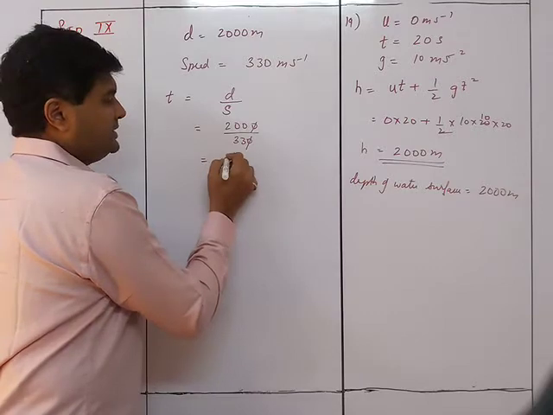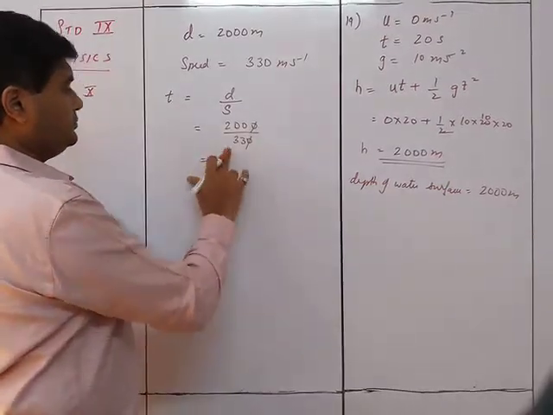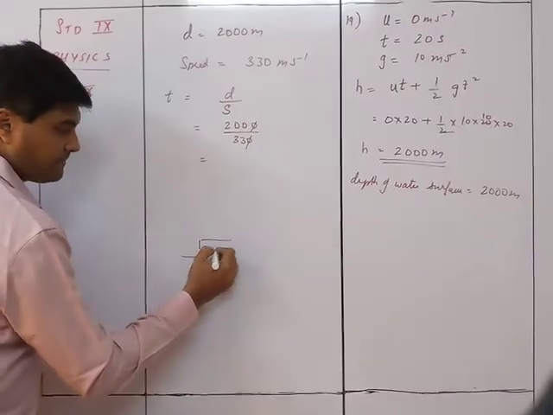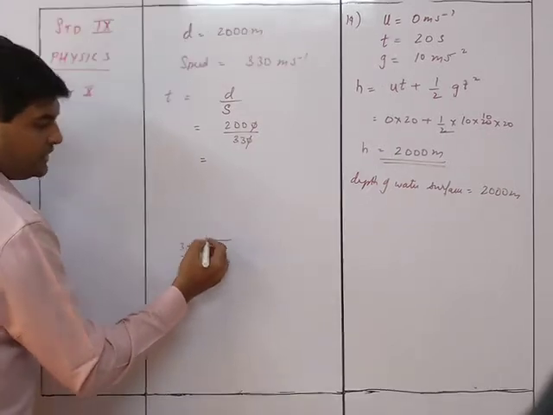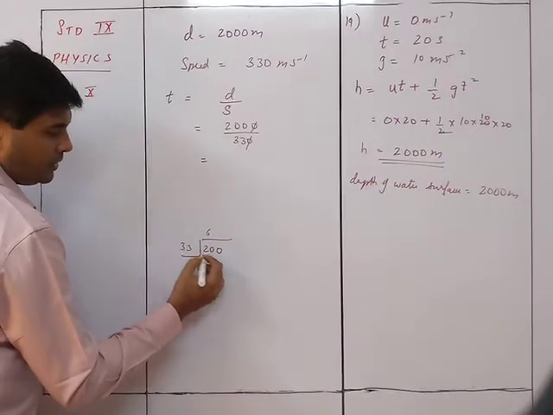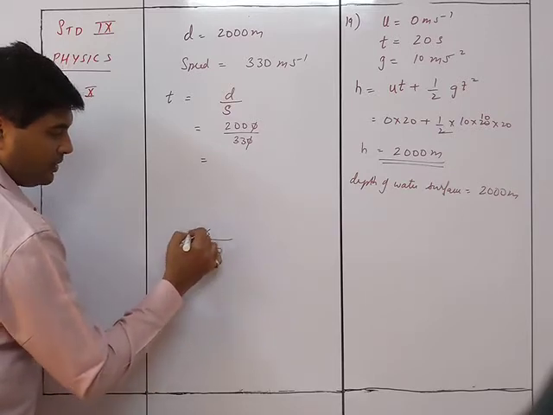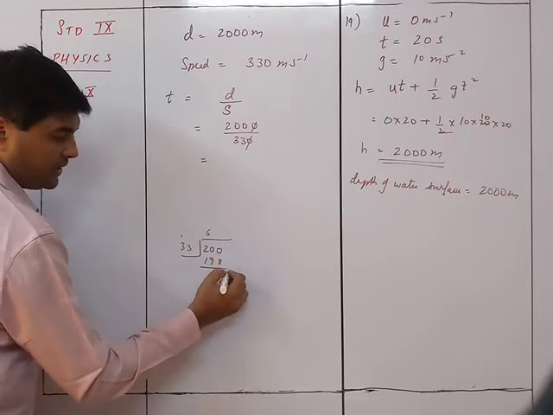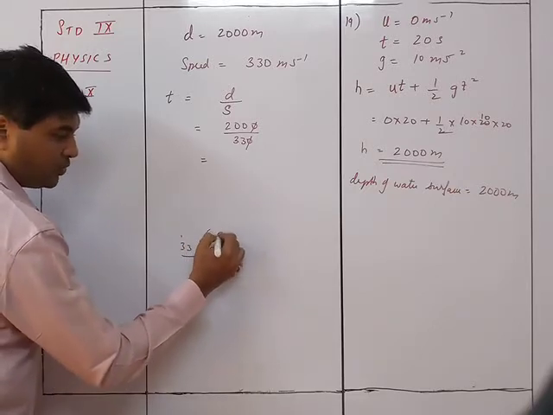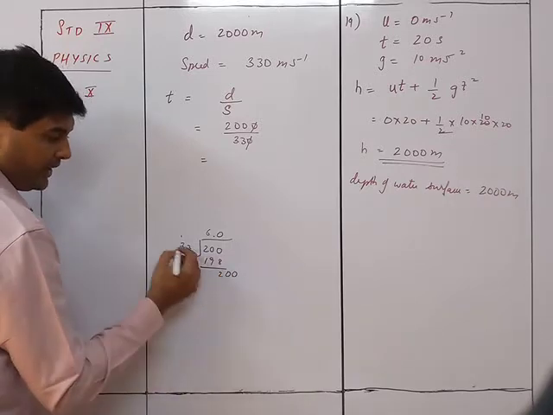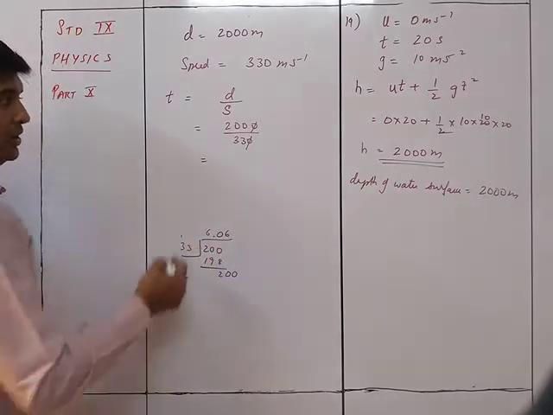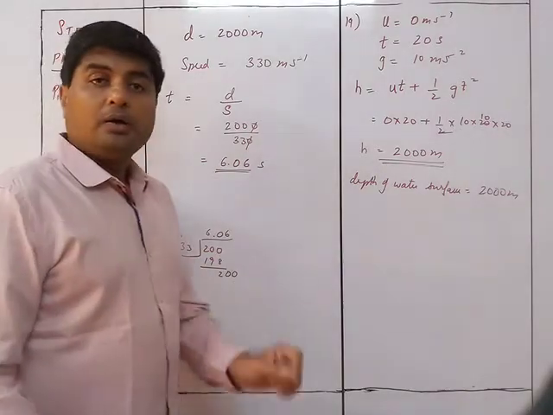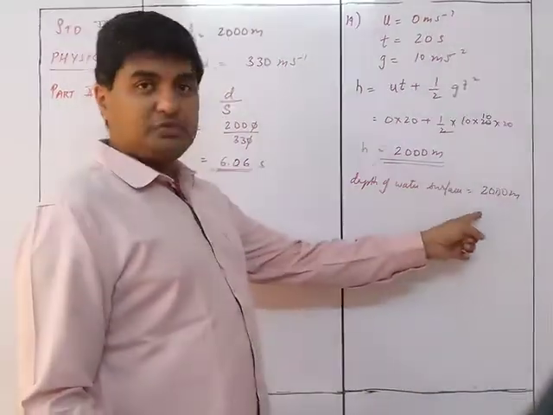So this is going to be 33, and we'll just divide it. 33 6s are 198, and so on, then putting a decimal point and one more 0, and then again it will be 6. So 6.06 seconds it is going to take for the sound to travel this much distance.